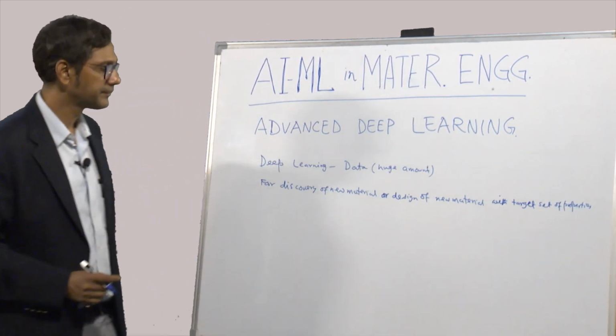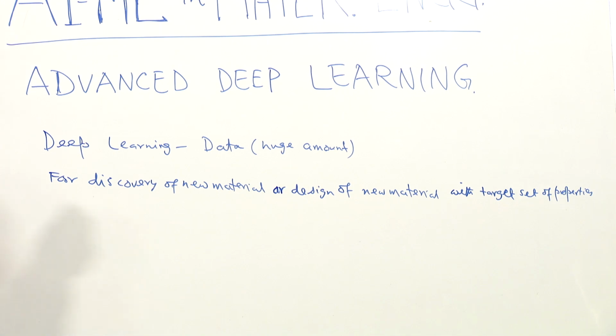If you want to do this using deep learning, it is very difficult nowadays, because you do not have sufficient data in the literature. So, in that case what do you do? Will you stop discovering, stop doing something?